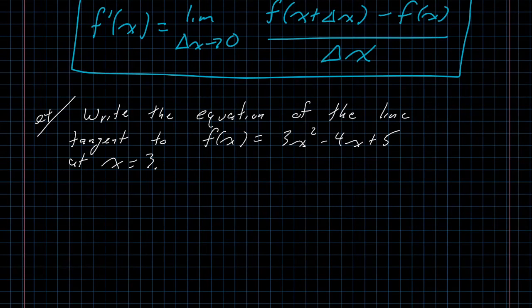The first thing I need in order to write the equation of a line is the slope of the line. And the slope of the line is equal to the derivative f prime at the point in question.